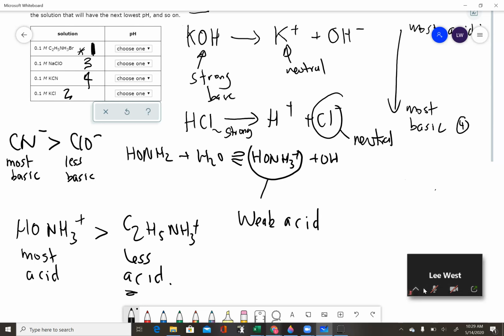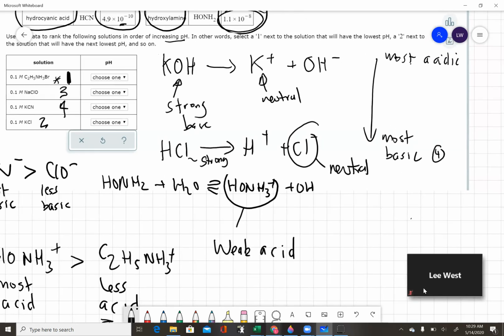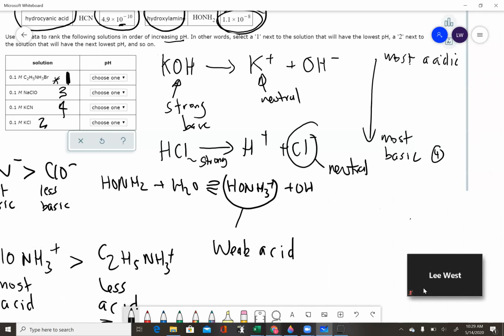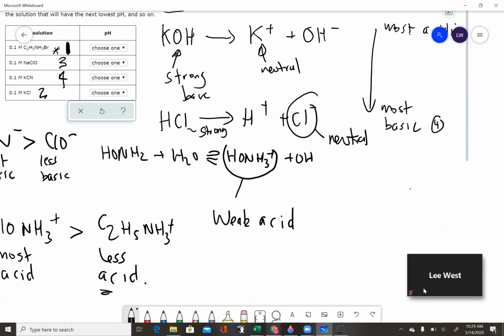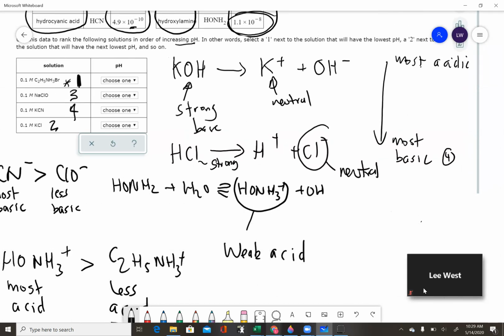So what we wanted was a list in order of increasing pH, that is from most acidic to most basic. We ranked the first one, number 1, as the most acidic because it contained the conjugate acid of a weak base. We ranked KCl as the next most acidic because it was neutral. The cation was derived from a strong base, and the anion was derived from a strong acid.